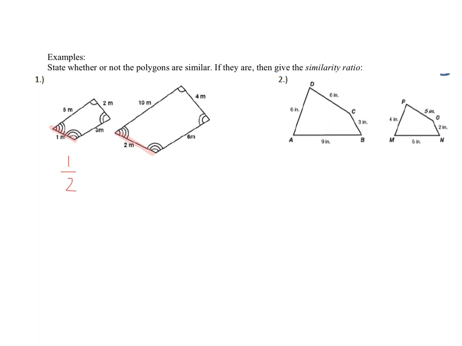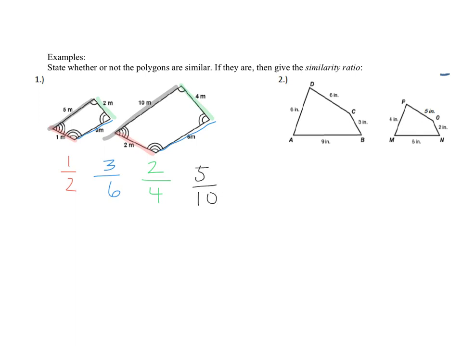So if we go around the circle, the next pair will be this pair. So we have 3/6. And then the next pair will be this set, which will be 2/4. And then our final set, we have 5/10.